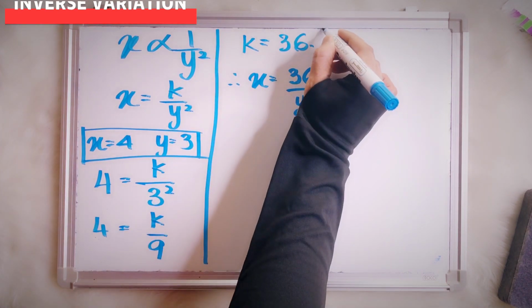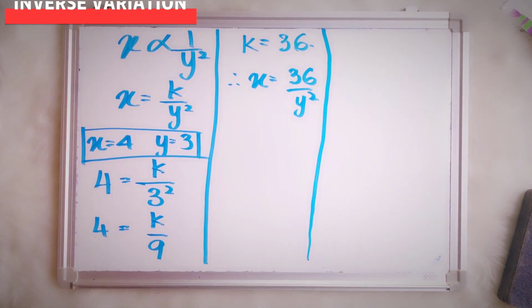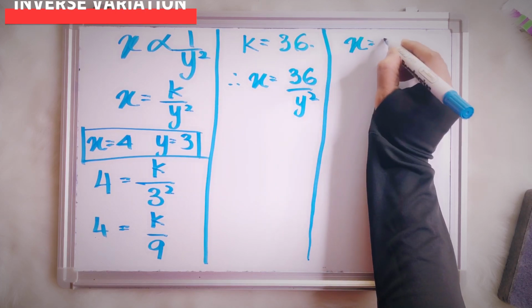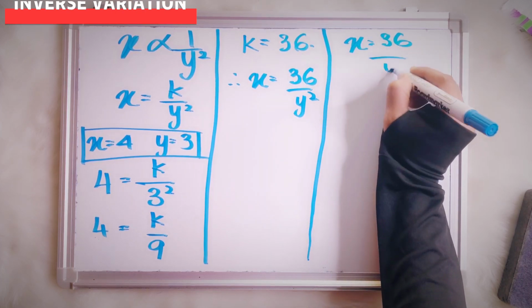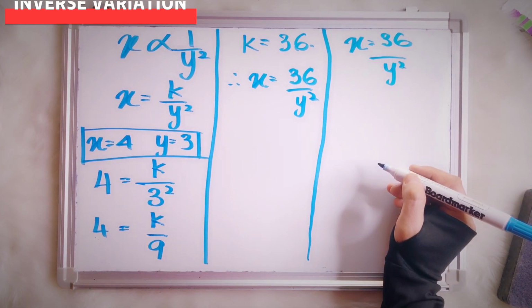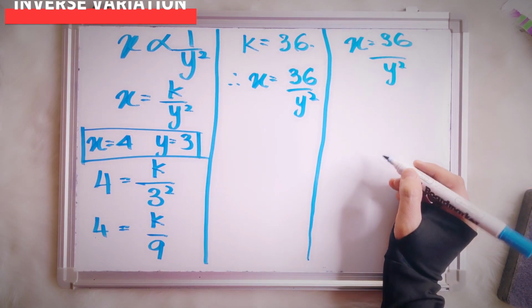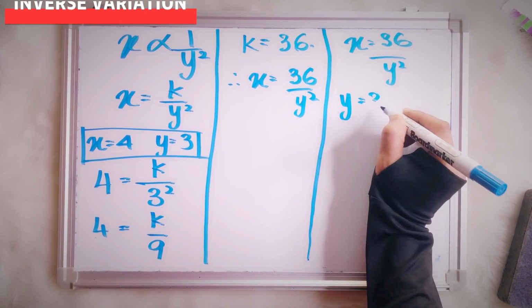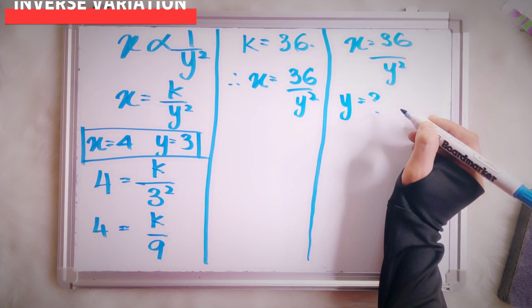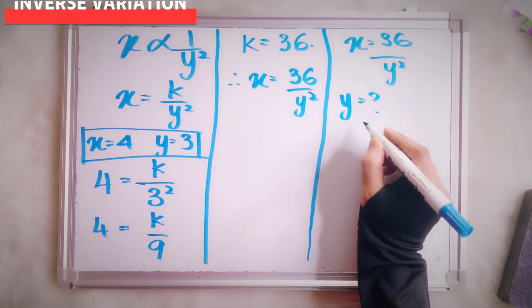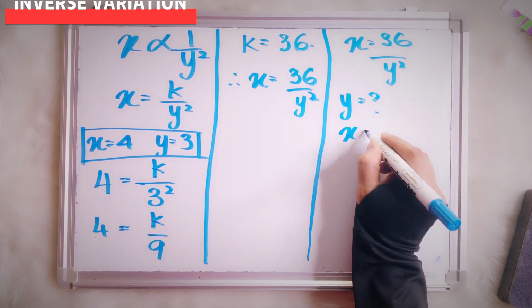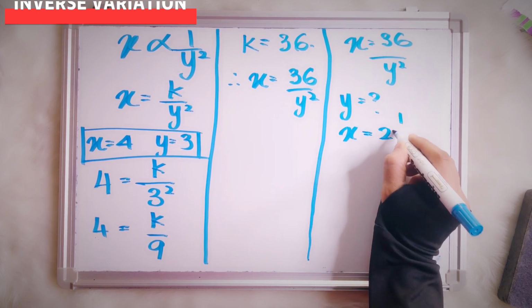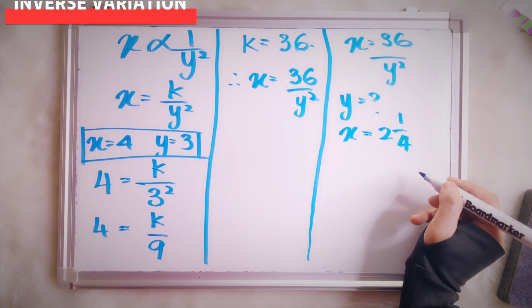Now, same equation, X equals 36 over Y squared. Now you have to find the value for Y when your X is 2 and 1 over 4.